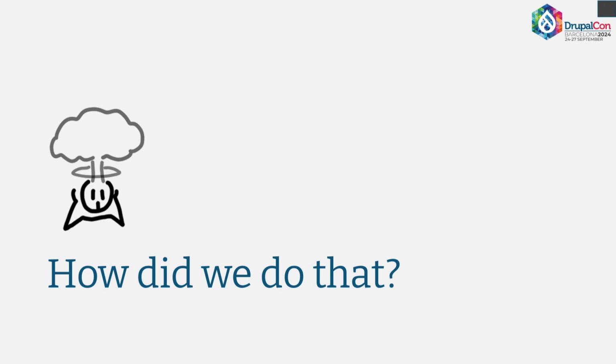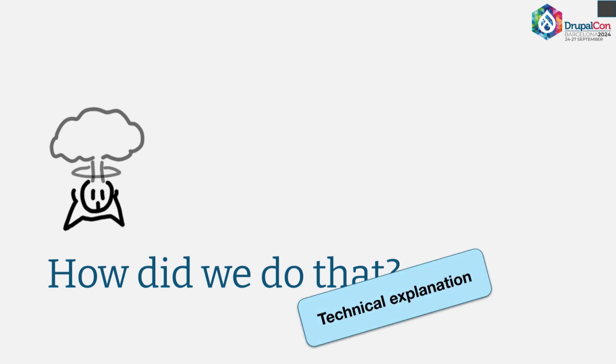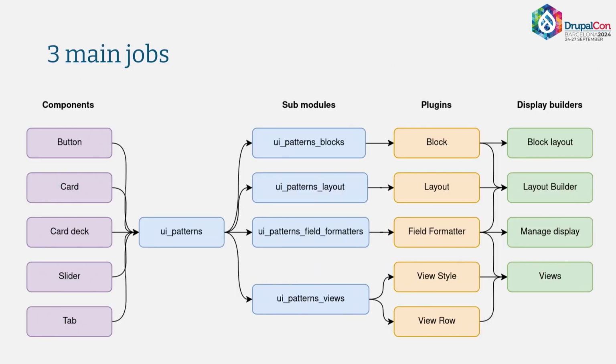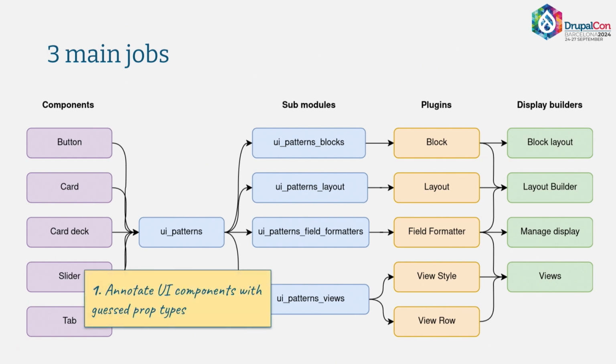No, but really, how did you do that? Because human people is great, but code, we want the code. So the technical explanation. You know about that. We want to go from component to display builders. There are 3 main tasks. The first one is annotation: we override the SDC loading to annotate component props with some types.